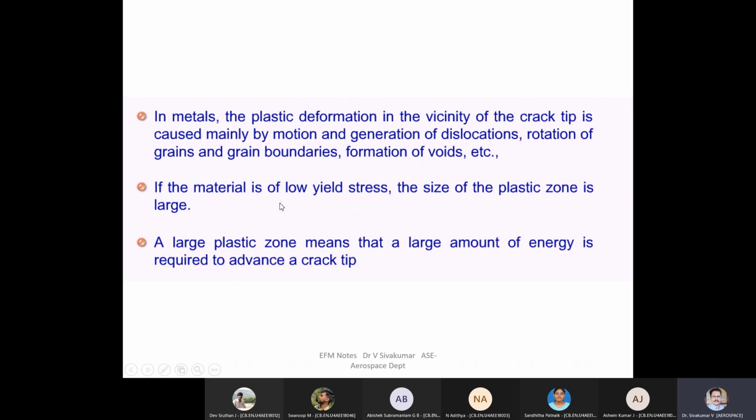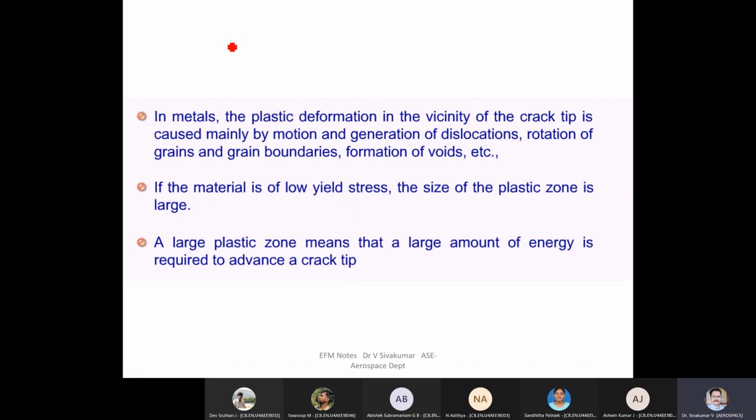If the material is of low yield stress, the size of the plastic zone is large, of course. Low yield stress means the carbon content is more, so the ductility will be more, and obviously the plastic zone size will be more. A large plastic zone means that a large amount of energy is required to advance a crack tip, isn't it?